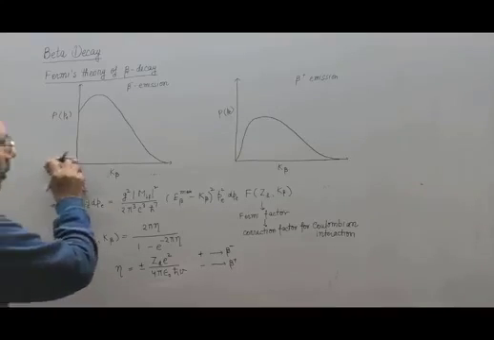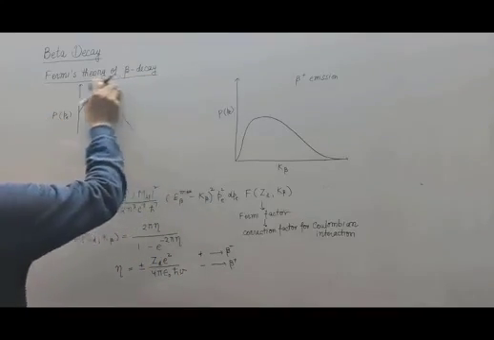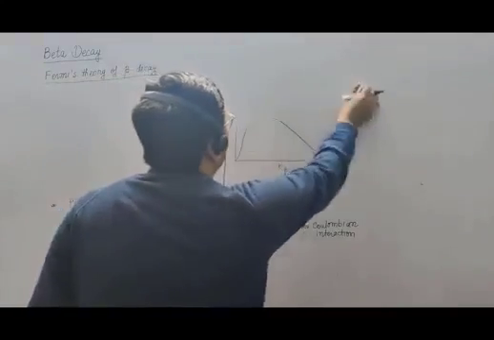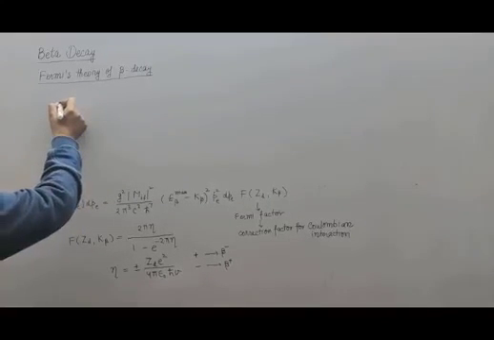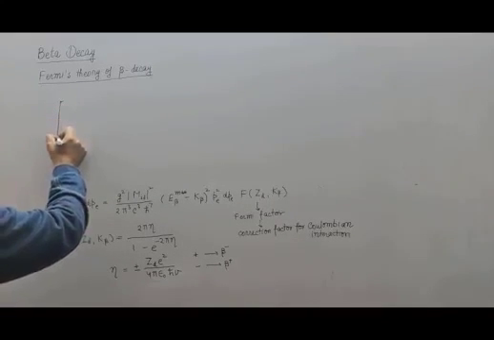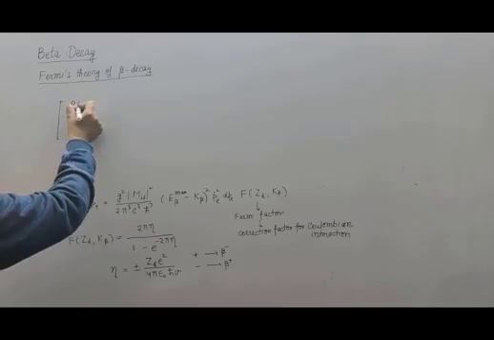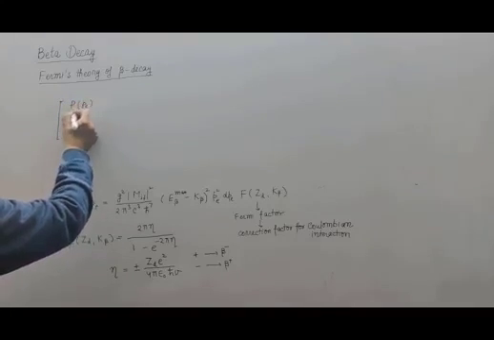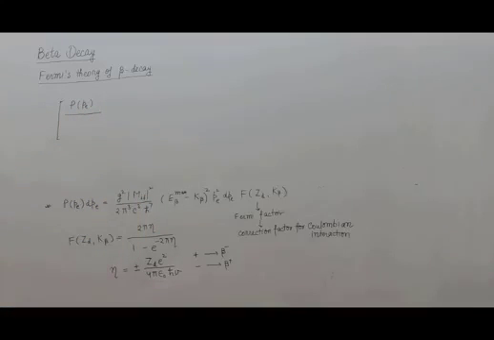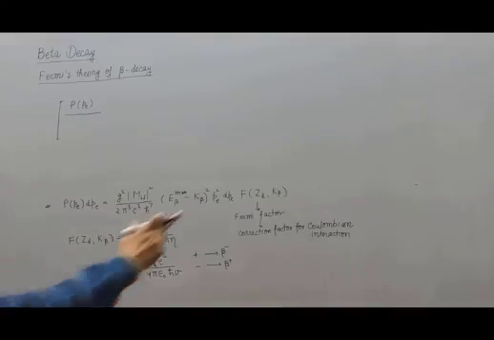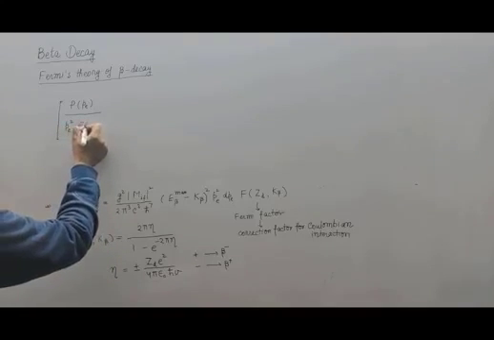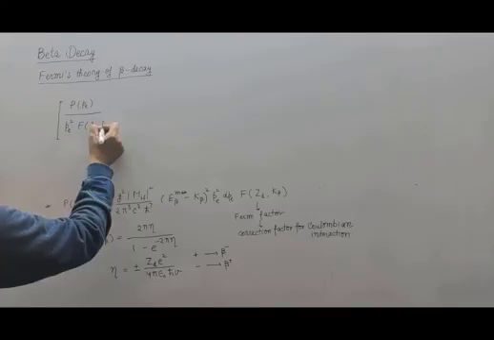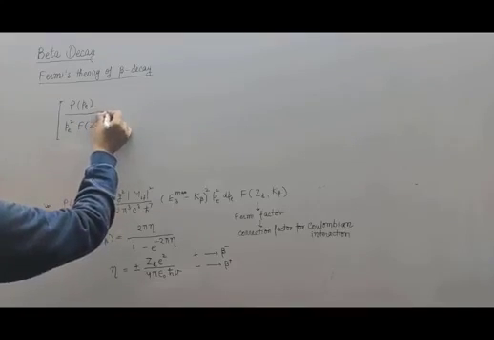From this expression, they obtained one more graph, between the square root of P(E) divided by P(E) square and this correction factor F(Z, K beta).